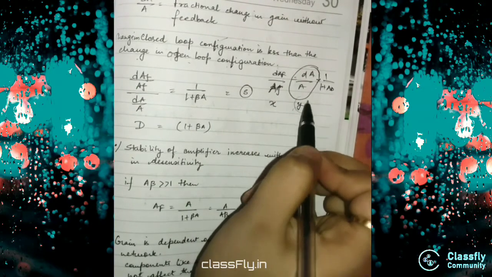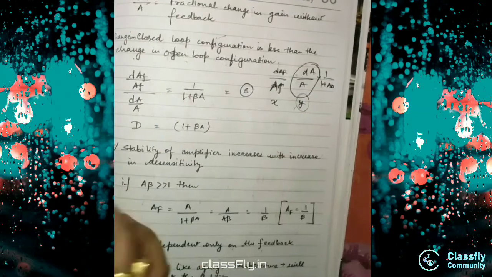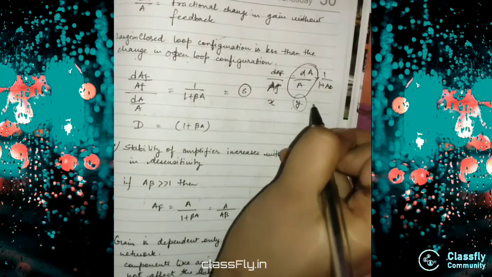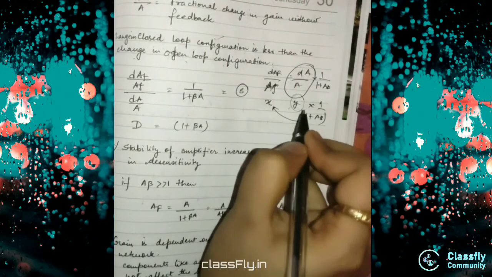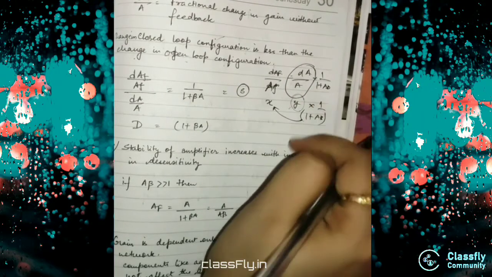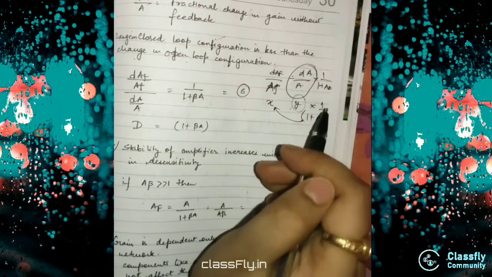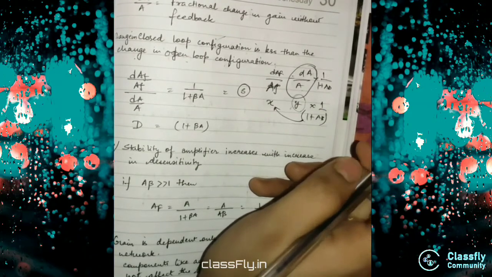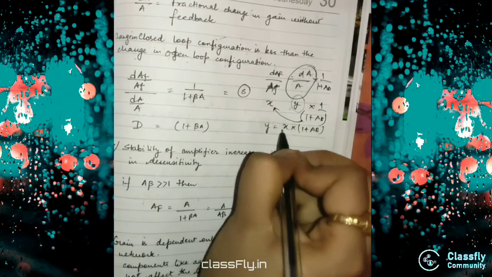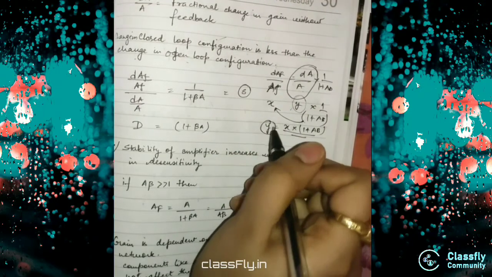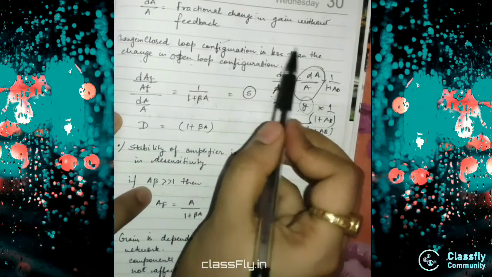As my y is multiplied by 1 by 1 plus A beta, when I take this 1 plus A beta to this side, my y becomes greater. That means my open loop becomes greater and my closed loop becomes less. So it becomes y by x into 1 plus A beta, where my y is my open loop.